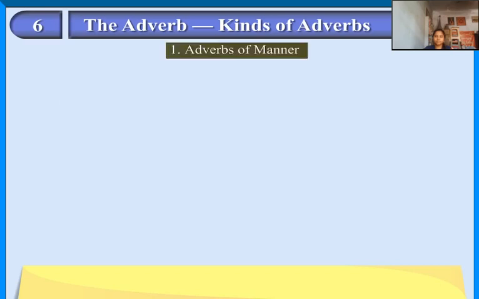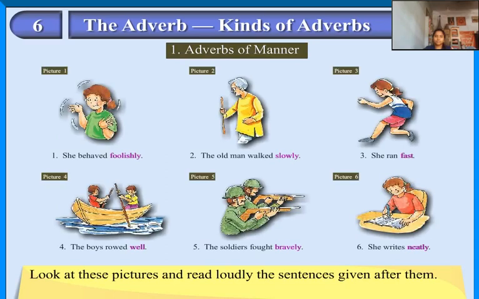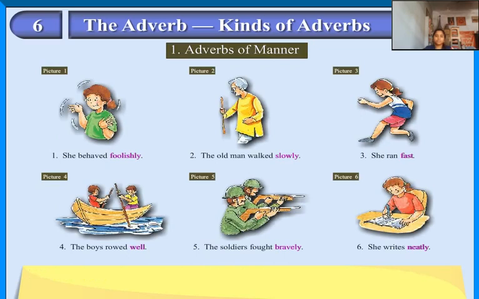Adverbs of manner. Look at these pictures and read loudly the sentences given after them. She behaved foolishly. The old man walked slowly. She ran fast. The boys rode well. The soldiers fought bravely. She writes neatly.